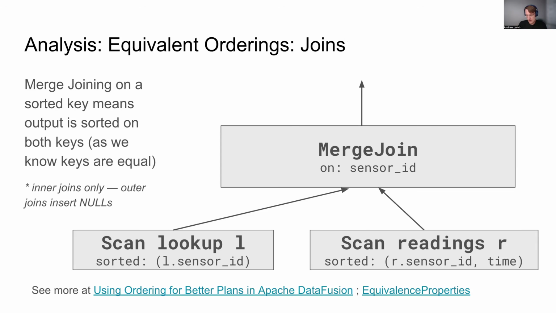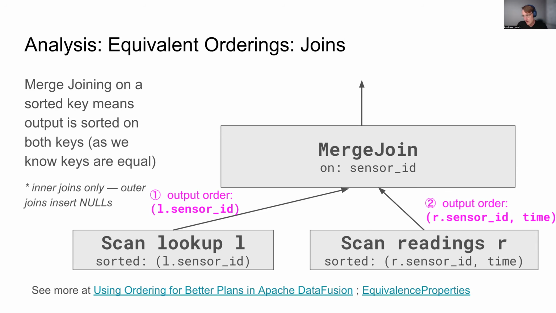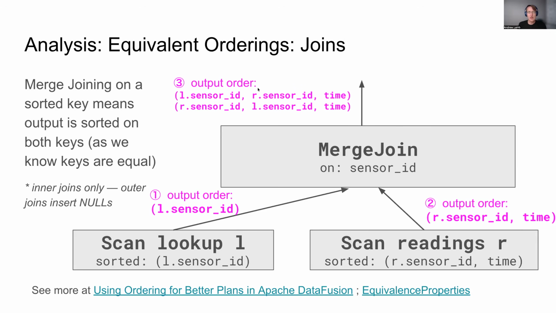So in this case of Data Fusion, if we knew the inputs started on the left sorted by L sensor ID and the right started on R sensor ID and then also time, you merge join them all together, the output of that's actually sorted on both left sensor ID, right sensor ID, and time. Or, because you know these columns are equal, you can actually swap them around in the output ordering. So there are these two equivalent orderings that come out of there.